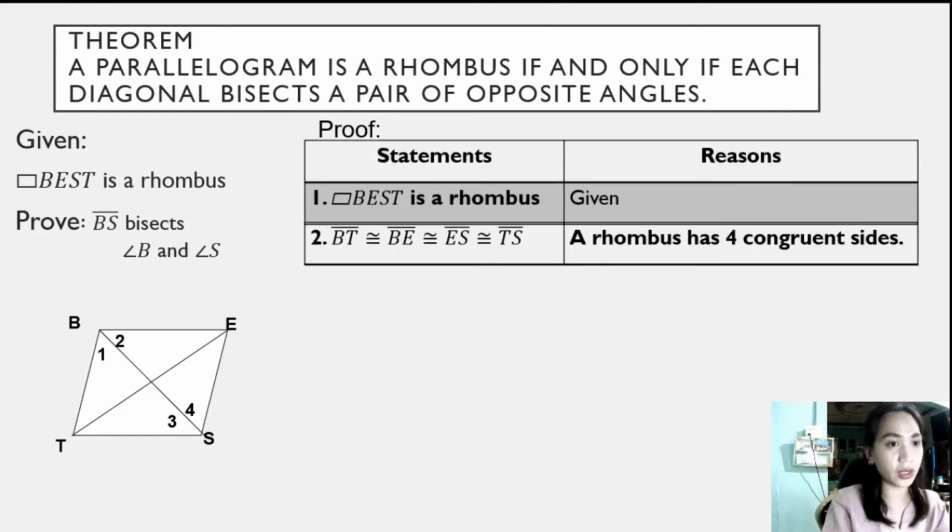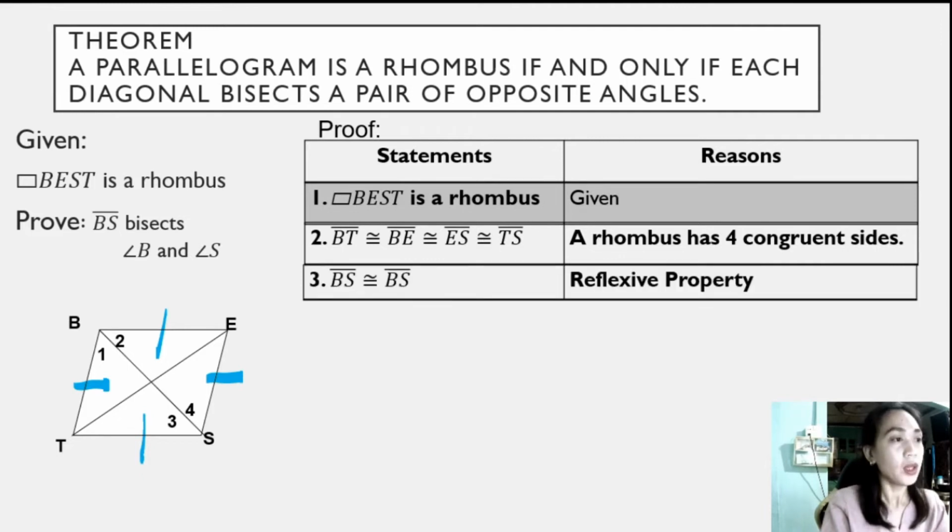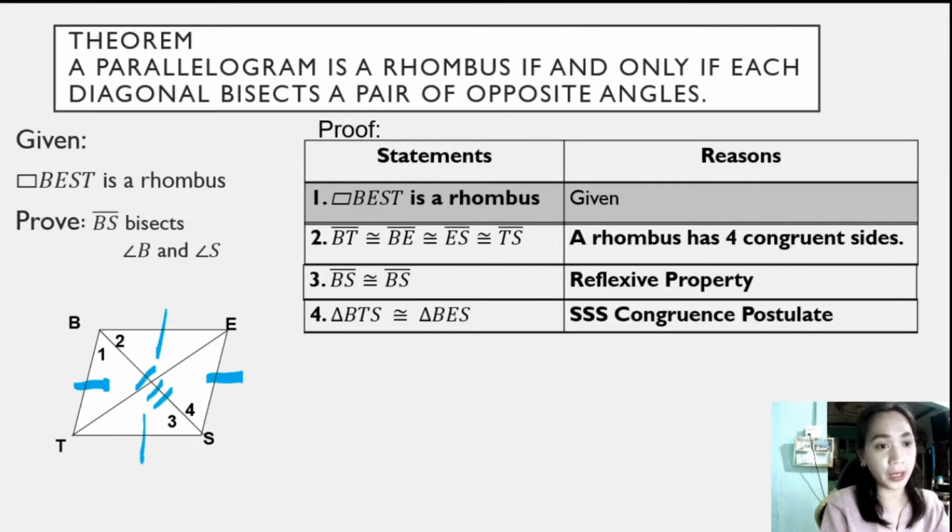Okay, reason, given. So, we have side BT is congruent to side BE, congruent to ES, and congruent to TS. Reason, a rhombus has 4 congruent sides. Now, we have side BS is congruent to BS, so using the reflexive property.